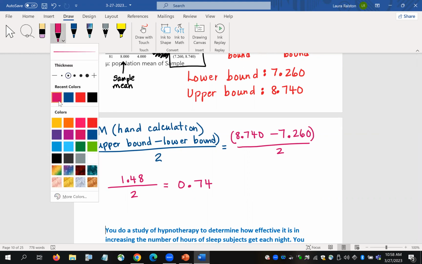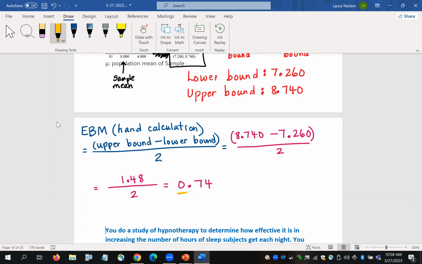Now again, remember, even with these problems, D2L likes you to put that leading 0. So you need to type 0.74.